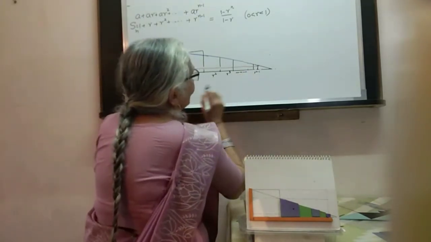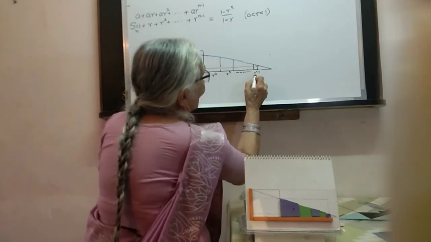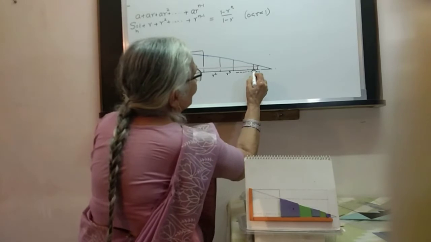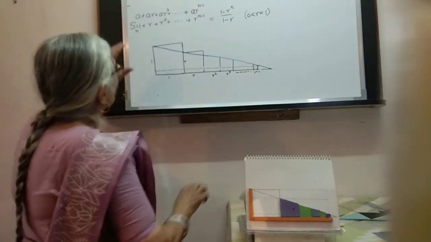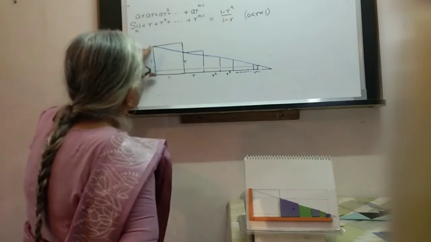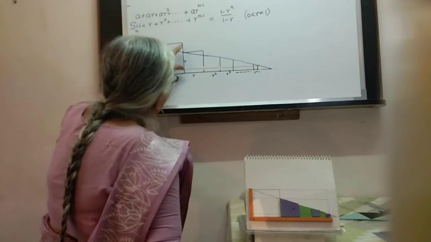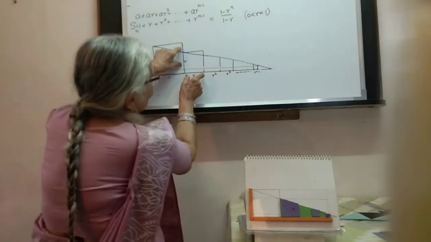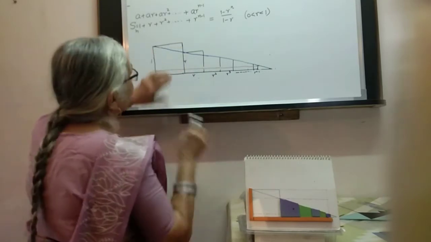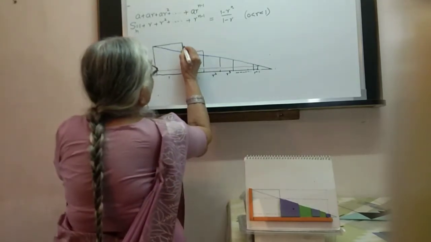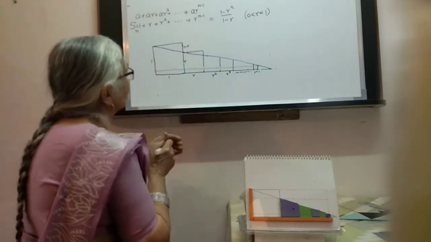And the last length will be r raised to n minus 1. Okay. What we have done now is that this is a 1 by 1 square. From this length 1, we take away r. And what we shall be left with is, of course, 1 minus r, which we don't want just now, but anyway.